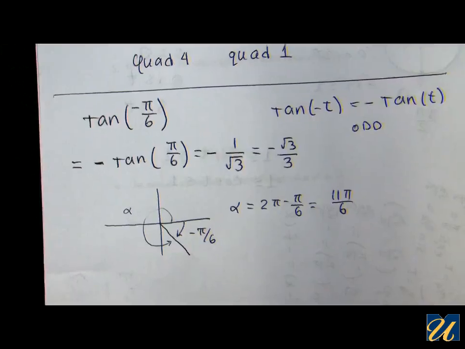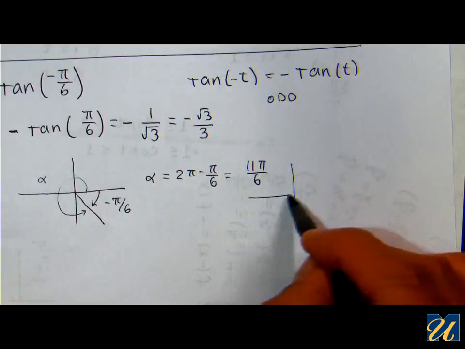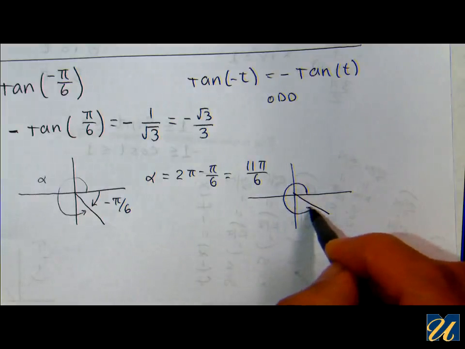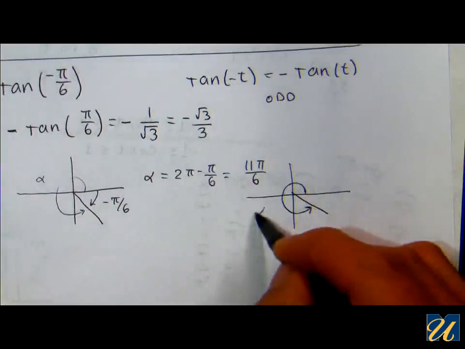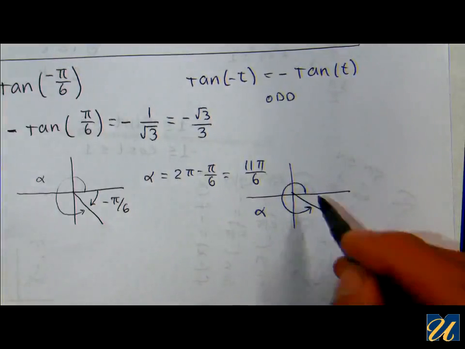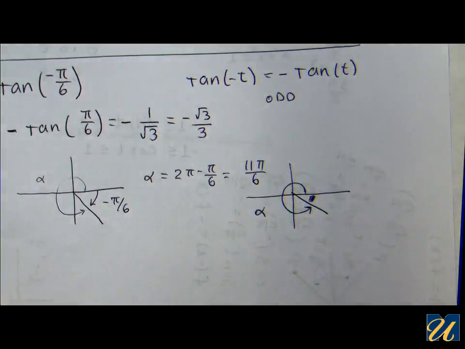So there's our coterminal angle. We would then find the reference angle for that, so let's draw alpha. Rotate this way in the positive direction. So there's 11 pi over 6. The reference angle is always pinched between the terminal side of the angle and the x-axis.